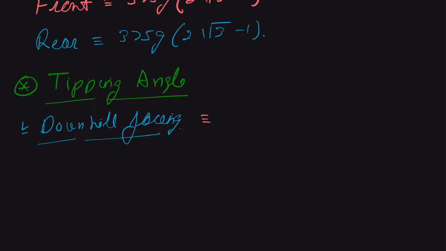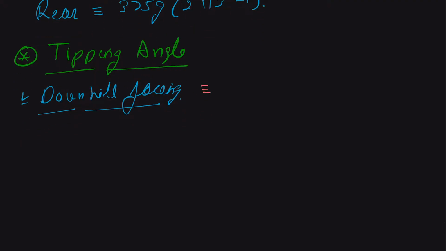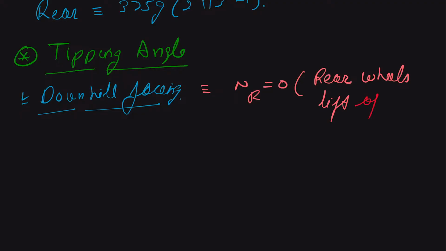So when downhill, the normal at the rear, NR, should be equal to 0, which basically means that the rear wheels lift off. The rear wheel will be first to lift off.